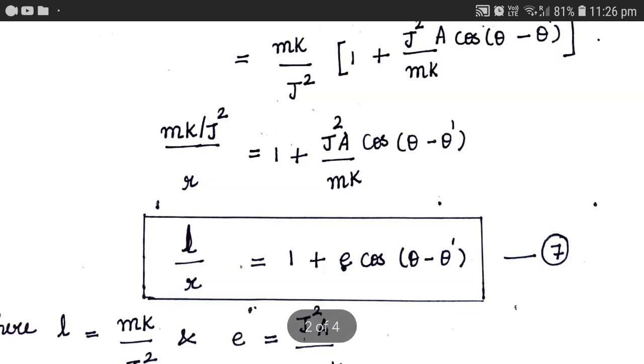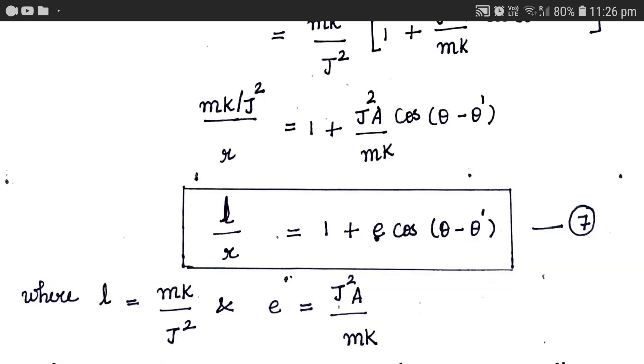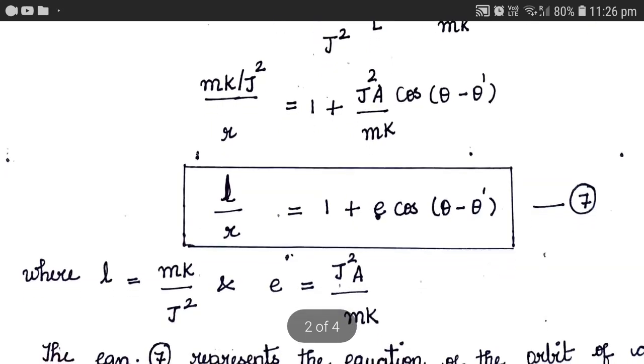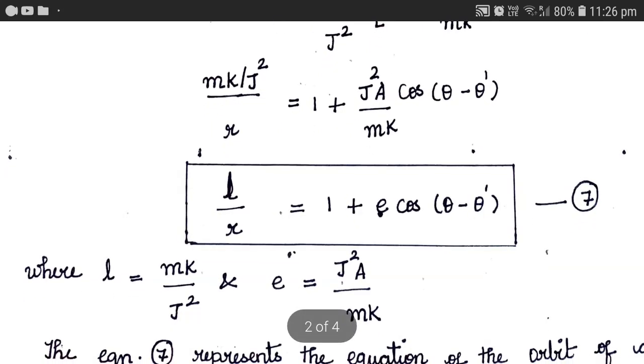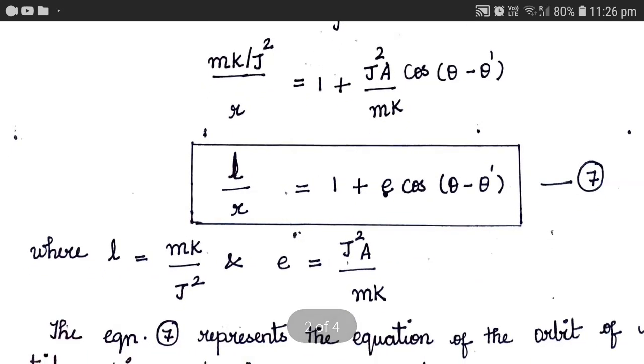Again, we are going to bring in two more constants. This mk by j square is replaced by a constant L, and j square a by mk is replaced by another constant E. This constant E plays a big role in deriving Kepler's law of planetary motion.